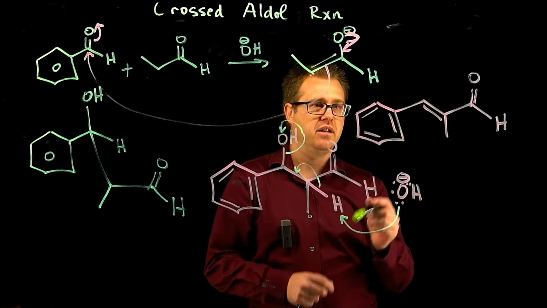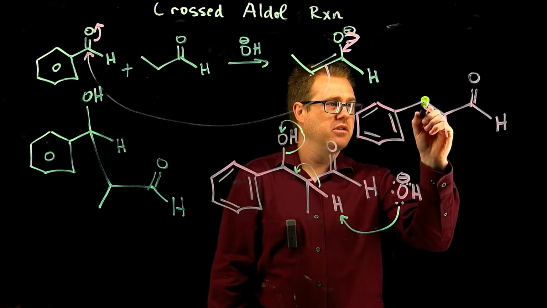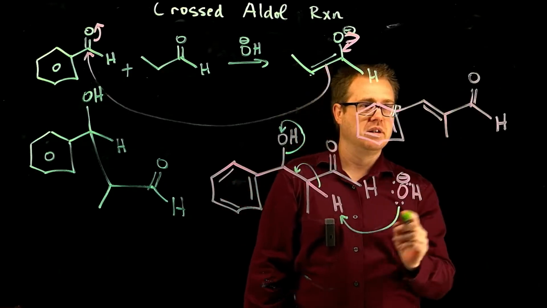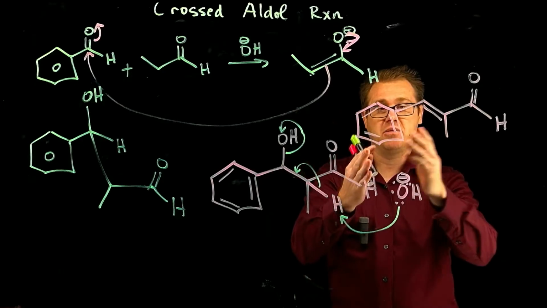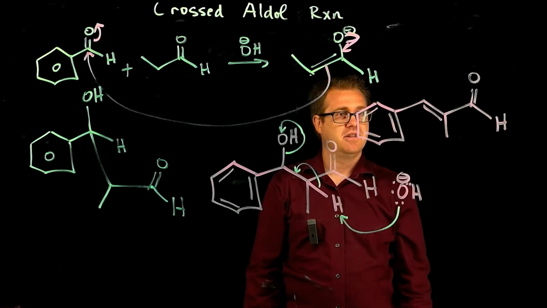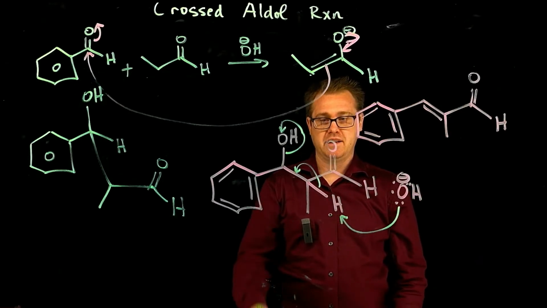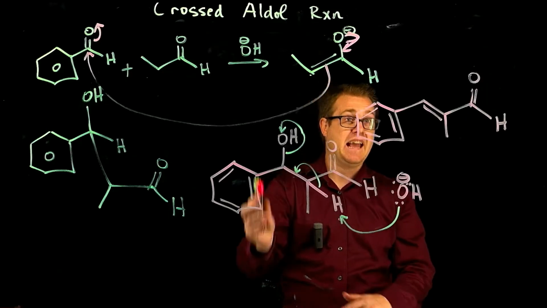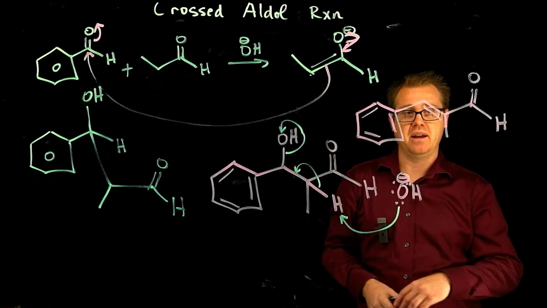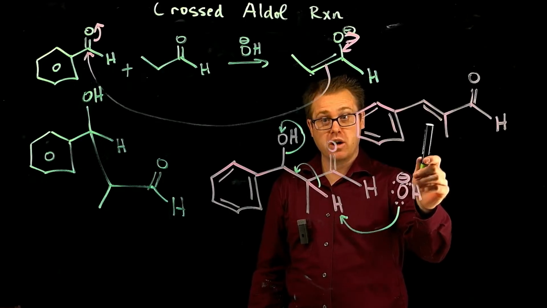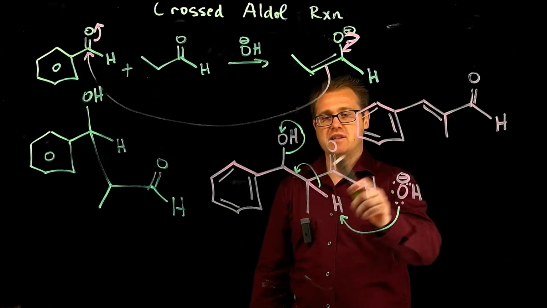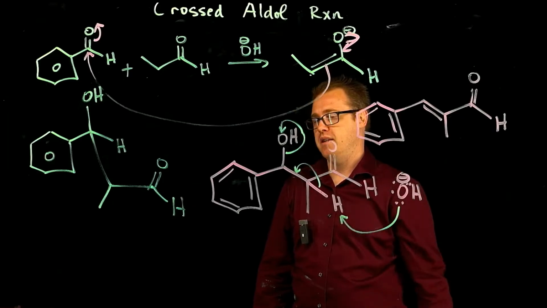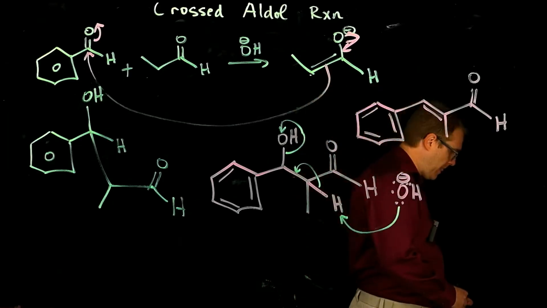It's conjugated. Double, single, double, single, double. This molecule is so stable because it's conjugated. And so that's why it doesn't stop here, because it can gain so much more stability by becoming more conjugated than it is right here. So you can't stop it here. It goes all the way to there. Okay.